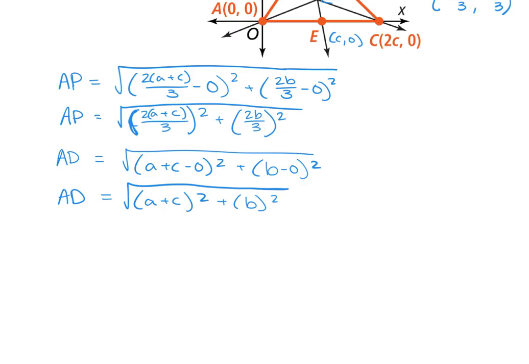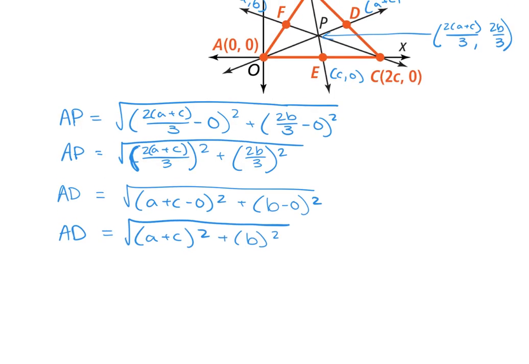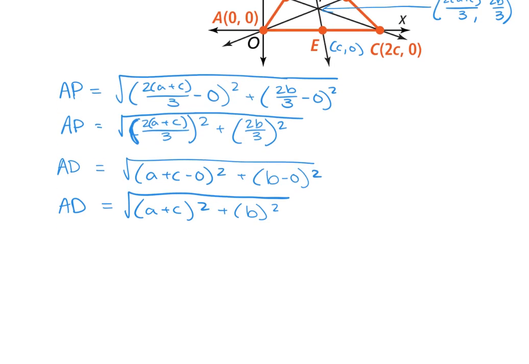All right, so we're trying to prove that AP is 2/3 of AD. Right now AP is kind of hard to look at, so we're going to simplify that. So I'm going to come down here with this and work on simplifying that AP.